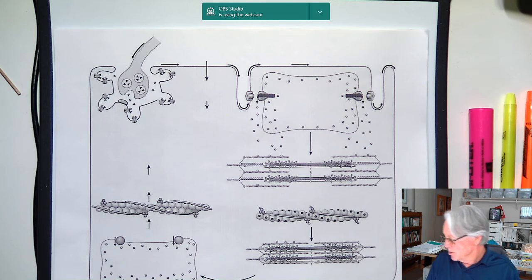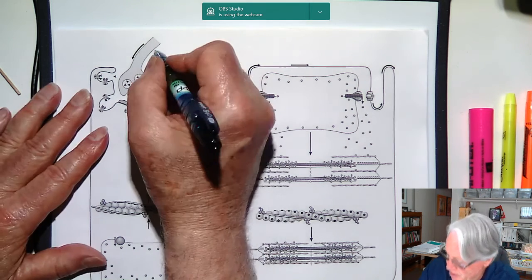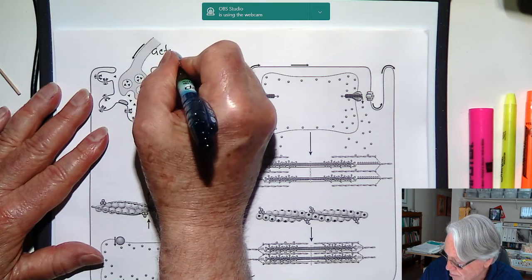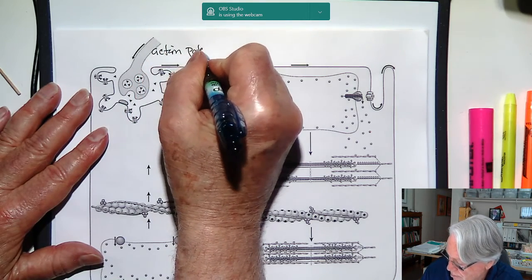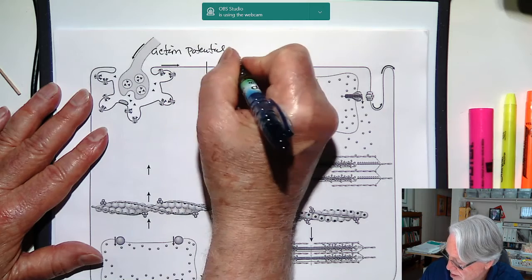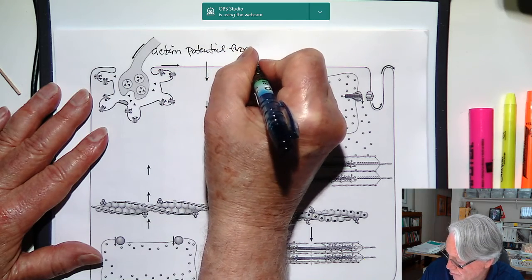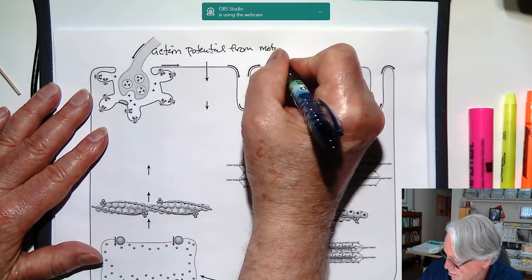Okay. So starting right up here, we're going to get an action potential from the motor neuron.